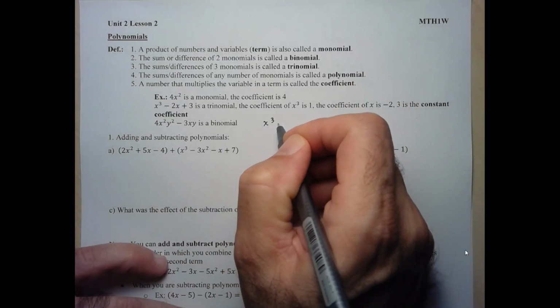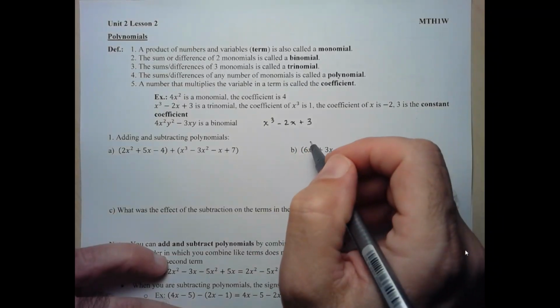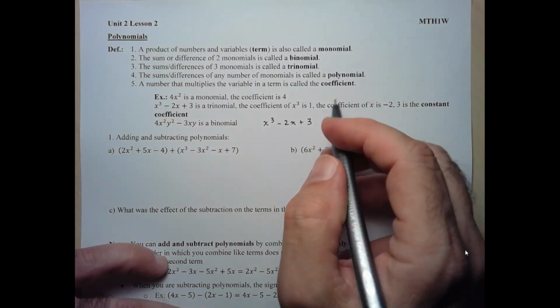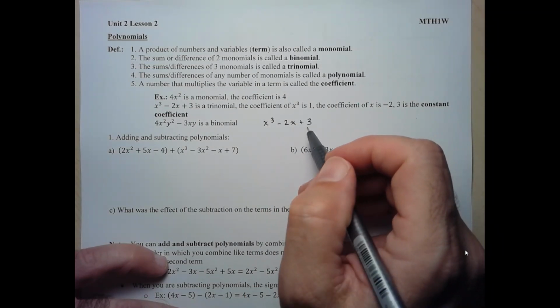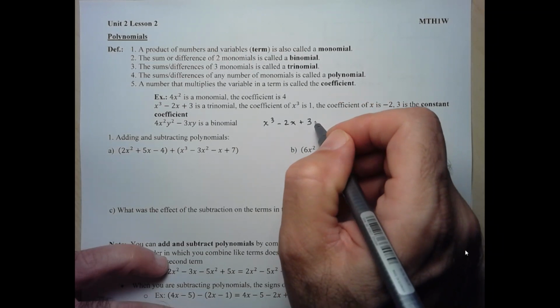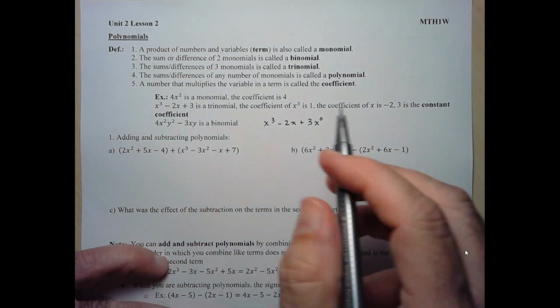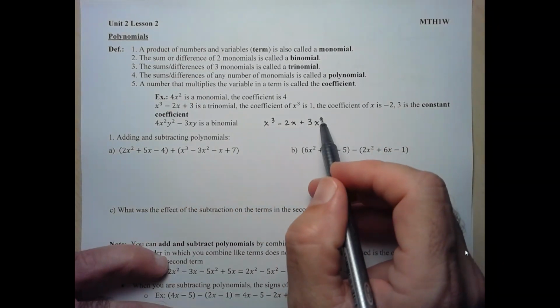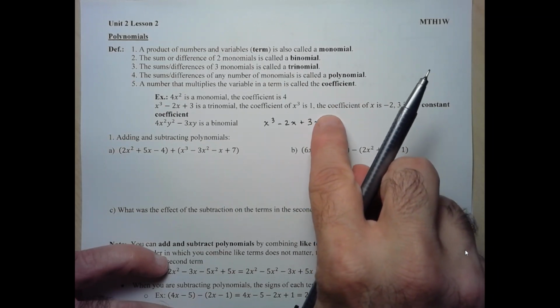So x cubed minus 2x plus, now what power of a variable gives you something that won't change the 3? In other words, is there something that gives you 1 as a result? Well, you can think of this as 3x to the 0. But of course, we saw that any number to the power of 0 is just equal to 1. So we don't bother writing it because it's doing 3 times 1.